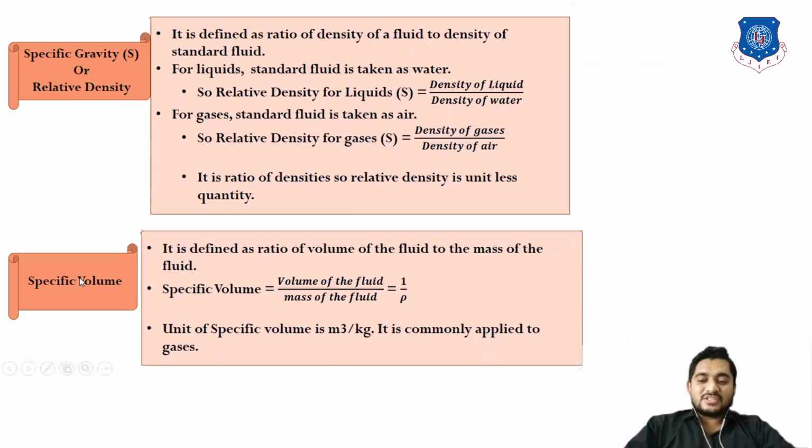Last one is specific volume. Specific volume is 1 divided by density, that means volume divided by mass. So the SI unit is meter cube per kg, but it is only applicable to compressible gases, so it is not very useful in this chapter.